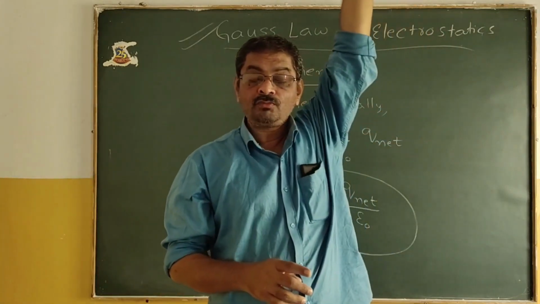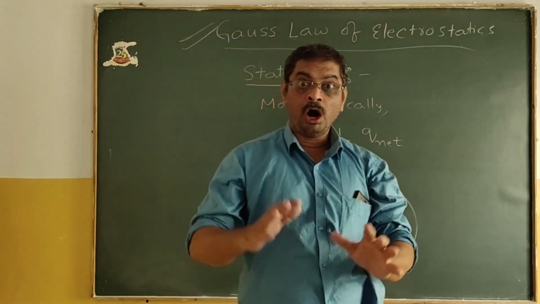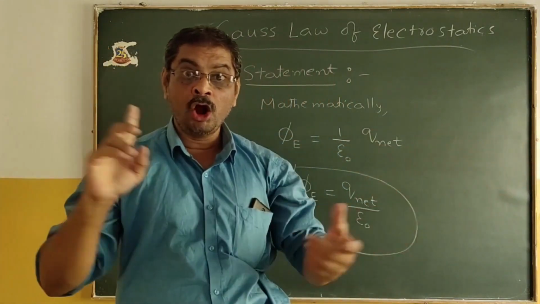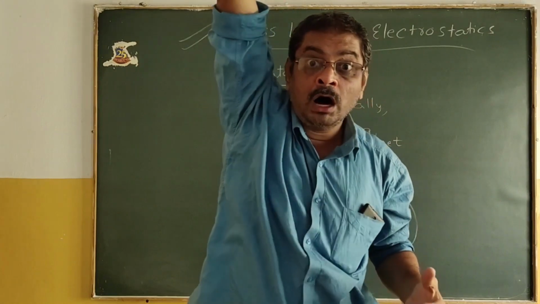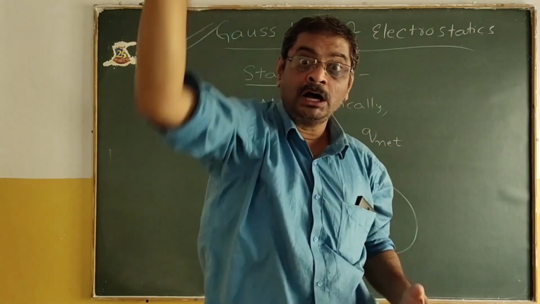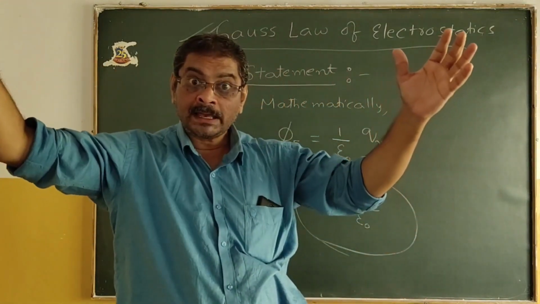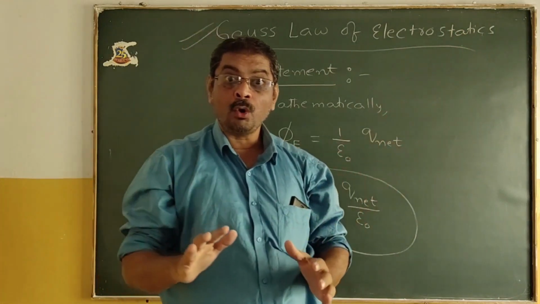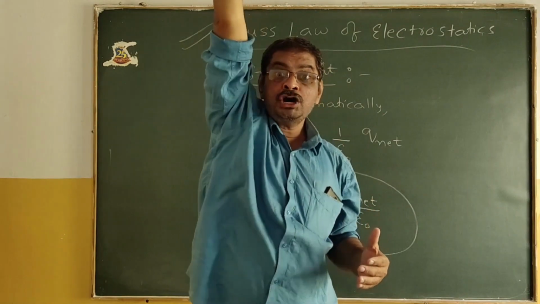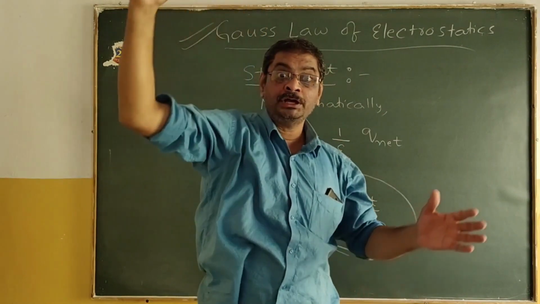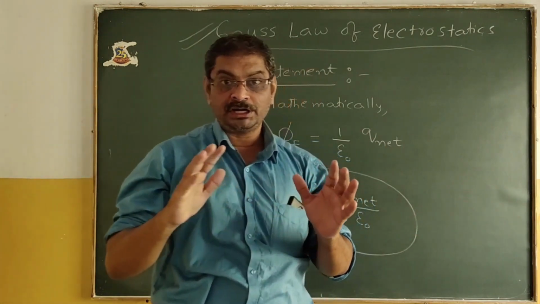So therefore, try to understand the meaning of the Gauss law. According to Gauss law, the electric flux will only be possible whenever the Gaussian surface is enclosing some amount of net charge.